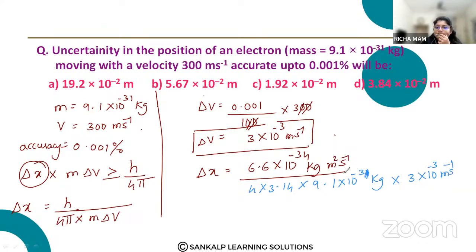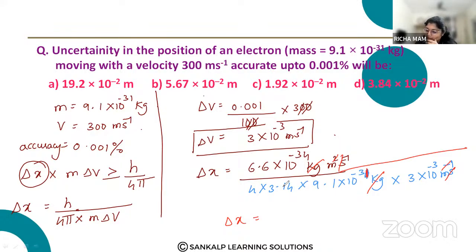I have put all the values. Kg cancels, meter square cancels, second cancels. So delta x will be, do the simple calculation, 4 into 3.14.